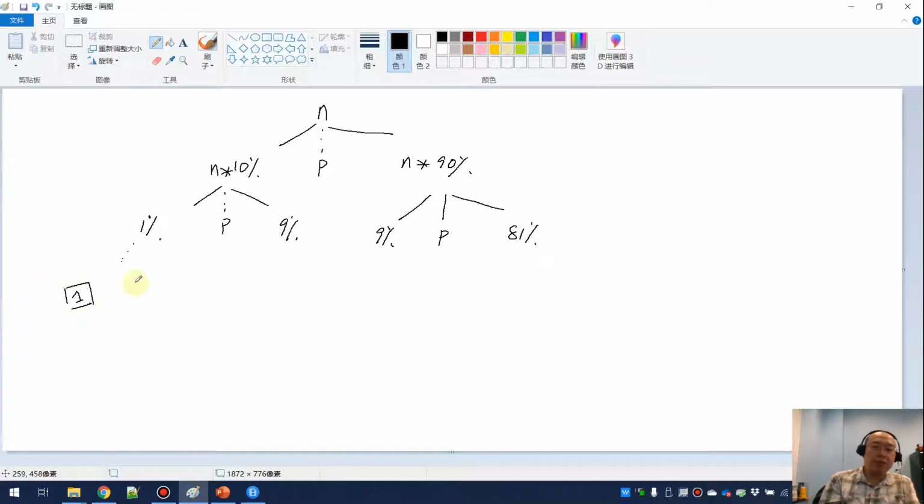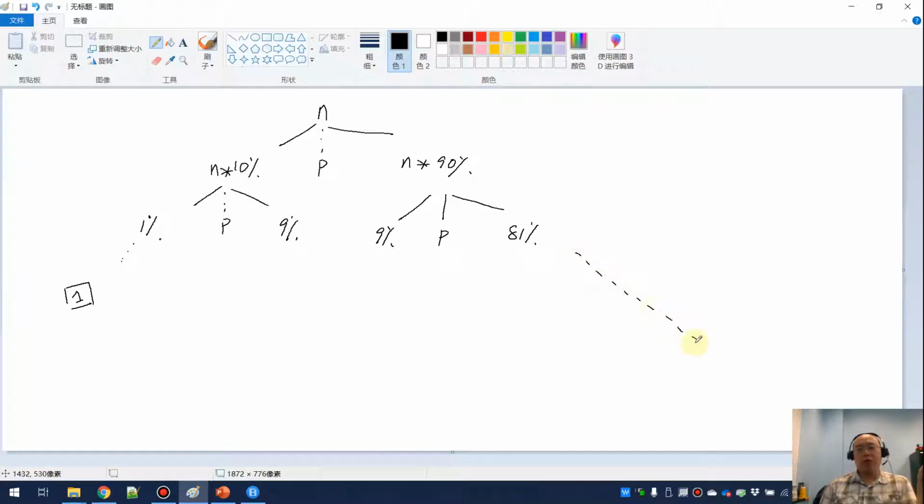We reach the base case very quickly on one side. And how about the other side? For the other side, we will have 90%, then 81%, then probably 70-something%, and then 60-something%.